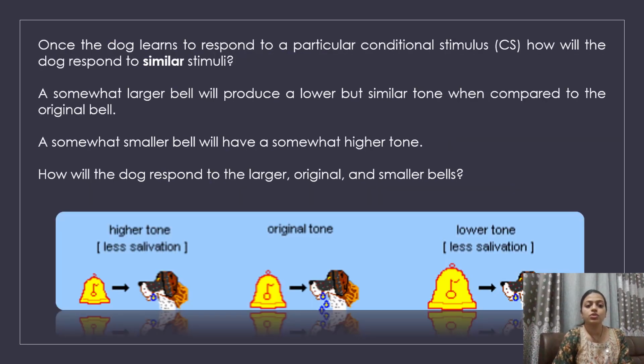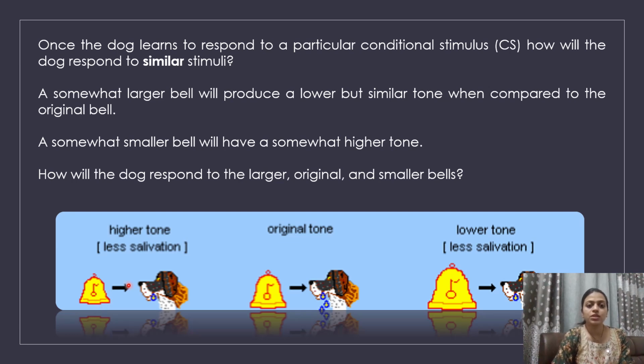Once a dog learns to respond to a particular conditional stimulus, how will the dog respond to similar stimuli? A somewhat larger bell was used by Pavlov, but with a similar tone. He compared it, and a somewhat smaller bell was also used. These were just to check whether conditioning had taken place or not.